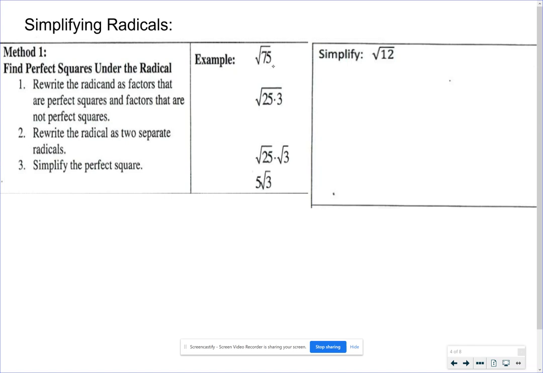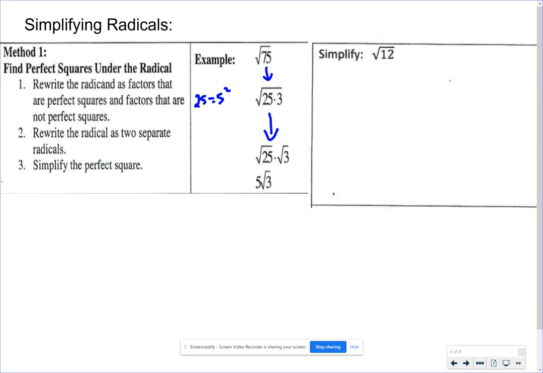So the 75. The idea with this one, 75 is 25 times 3. So we rewrite the 75 as the perfect square 25 times 3. Perfect square because 25 is 5 times 5. Okay, we then pull the radicals apart, rewrite it as 2 separate radicals, and we simplify the perfect square radical.